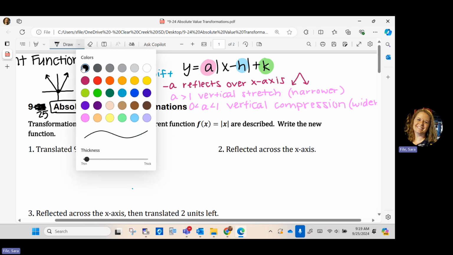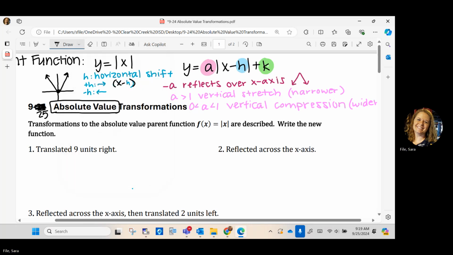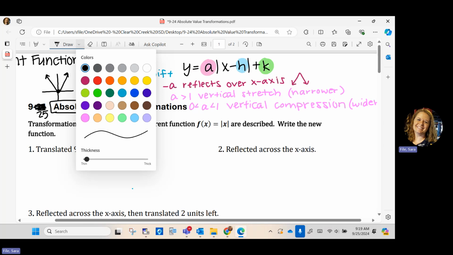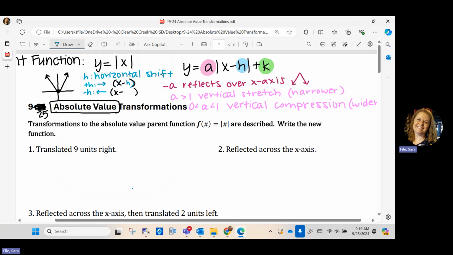And if I talk about my equation, x minus, if I plug in a negative h, what happens when you have minus a negative? It becomes plus. So x minus negative h actually becomes x plus h. So that's what I mean when I say it's the opposite direction.